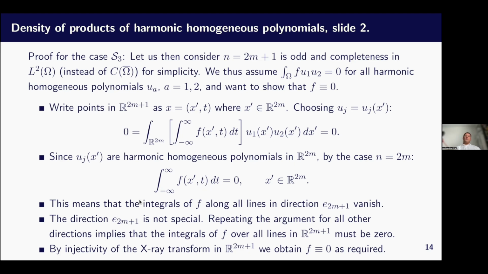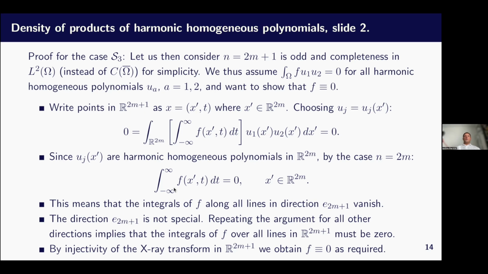Right, but note now that this additional direction, which corresponds to the variable t, is nothing special. You can just rotate coordinates and repeat this argument in all other directions as well. So it means that the integrals of f over all lines in R^(2n+1) must be 0.